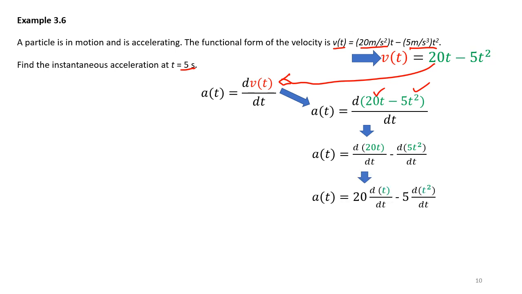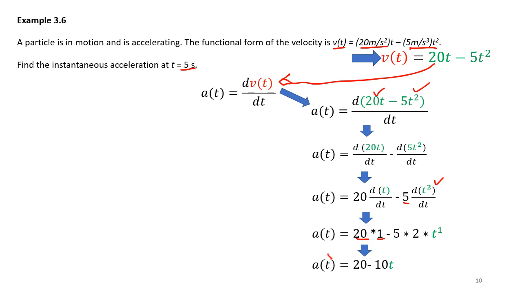So you get 20 dt by dt and 5 dt square by dt. So what is the differentiation of dt by dt? It is 1. So 20 into 1 minus 5. The differentiation of t square will give you 2 into t raised to 1 because 2 minus 1 is 1. So 5 into 2 into t. So in the end you get 20 minus 10t.